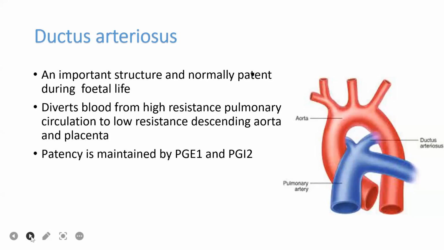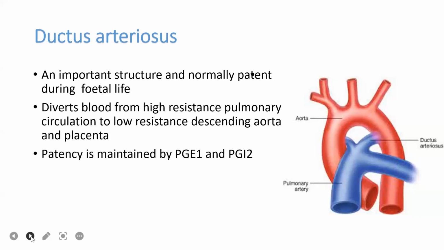Then once it's delivered, the placenta is cut off from the baby, the lungs expand, and the opposite occurs. Slowly there is a drop in the resistance of the pulmonary circulation, and a rise in the systemic vascular resistance. And therefore now the flow turns from the aorta into the ductus, especially in babies where this ductus arteriosus does not close.